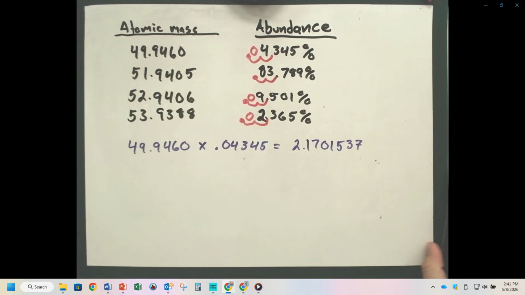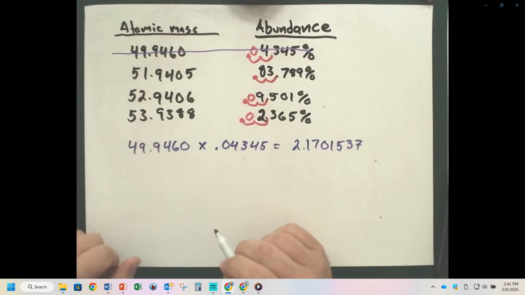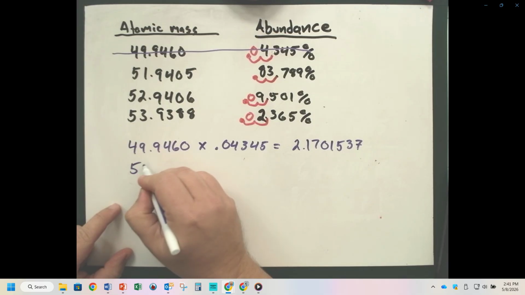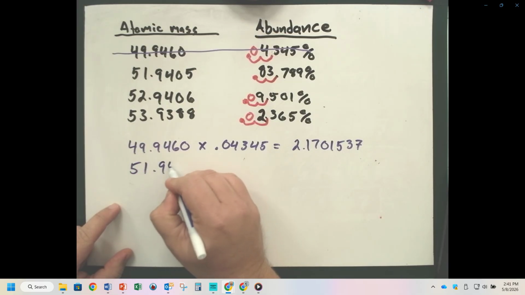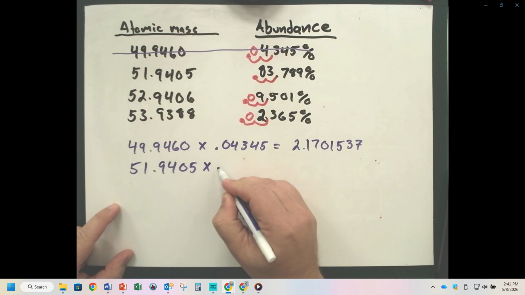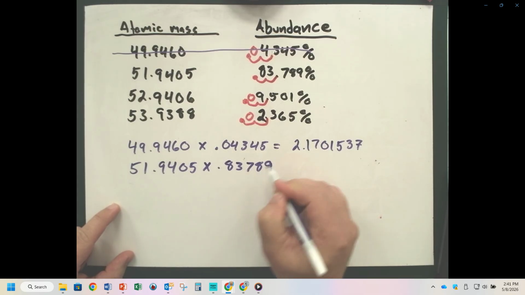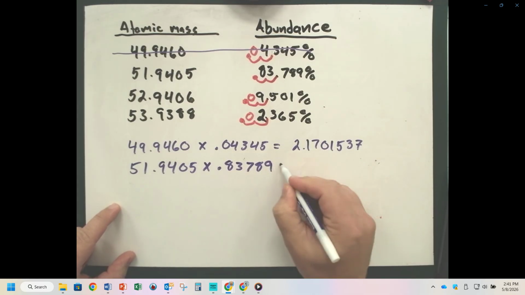Okay, so now I've done this one. So now I'm going to do the next one. So I have 51.9405 times 0.83789 equals.